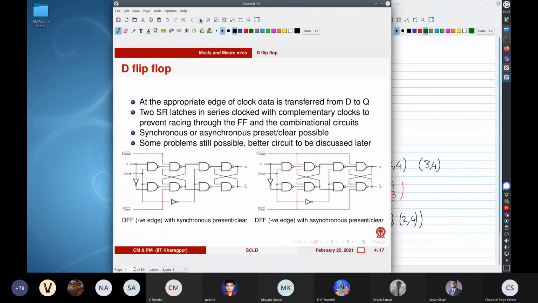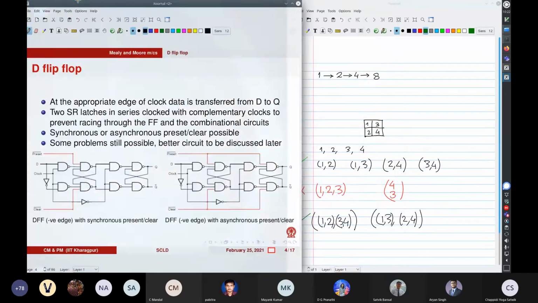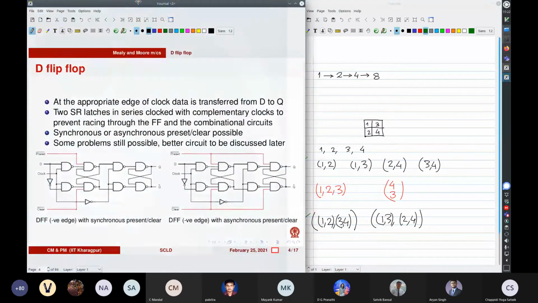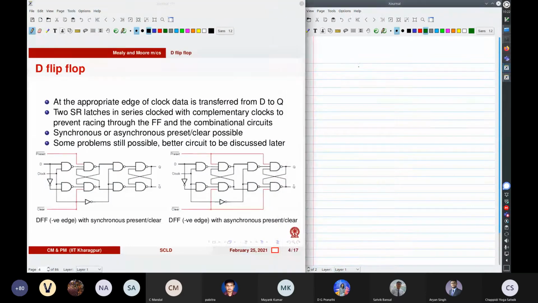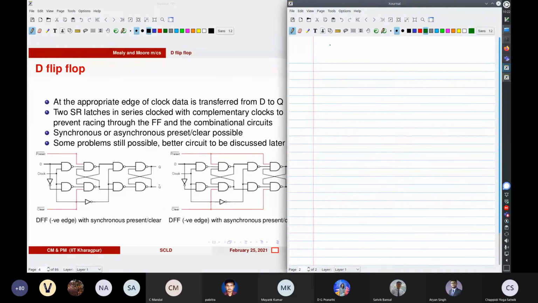All right, so as I said, you need to specify the transition function and the output function.